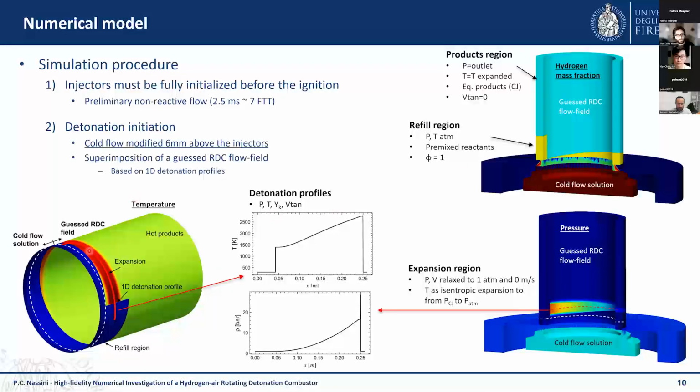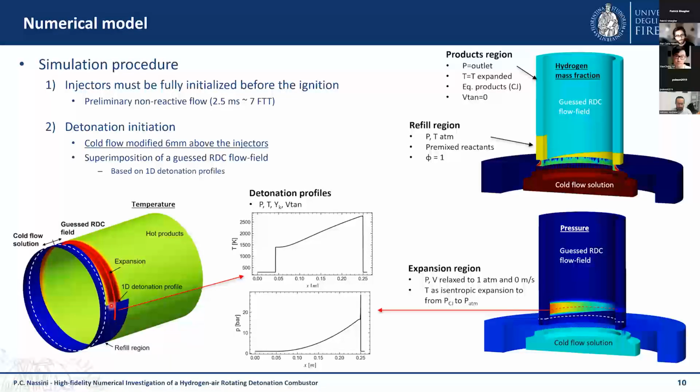This guessed RDC flow field is built around the one-dimensional detonation profile, which is calculated with Cantera in an overdriven state, 110% of the CJ speed, in hydrogen-air stoichiometric conditions, and then we built the solution around this profile.